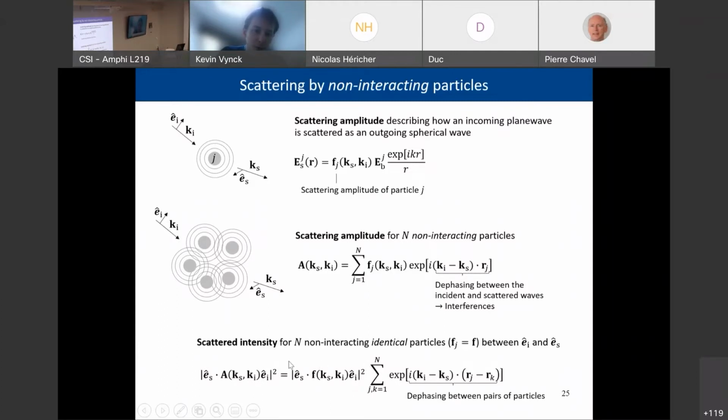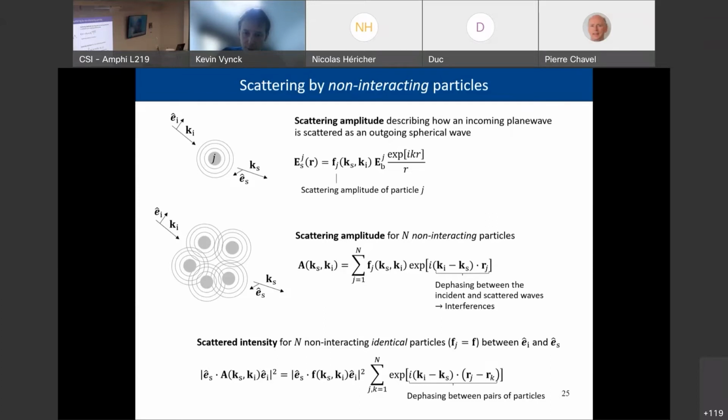The first term is the square norm of the scattering amplitude that will tell you how one particle is scattering light in different directions. And the second term is a term that doesn't depend on the details of the particles, but only depends on the position, the relative position of pairs of particles.